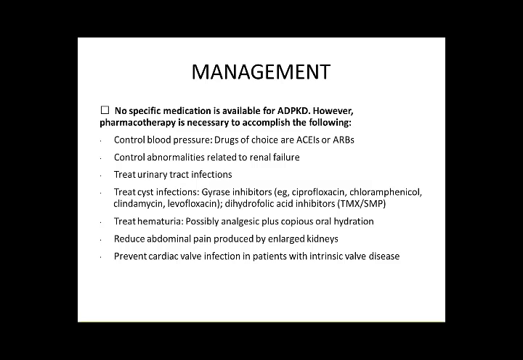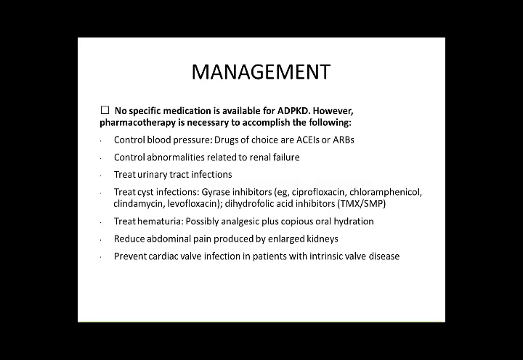But polycystic kidney disease, as it's a genetic disorder, we can't treat or cure this disorder. So management goal number one is control of the blood pressure with the use of ACE inhibitors, ARBs, or even a calcium channel blocker can be used.